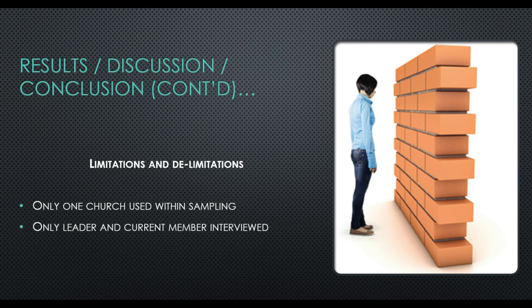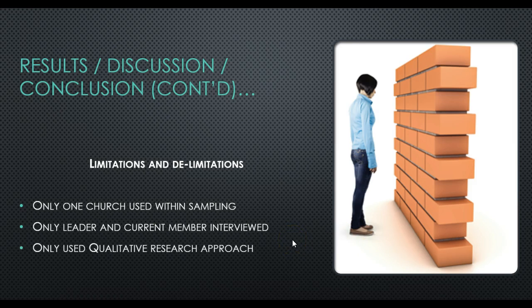The second thing is that only the leader and the current member were interviewed, as I stated before. It would have been helpful to have an interview where a prospective church member that is going through the process is interviewed to find out their level of anxiety or uncertainty as well, and what they were going through. But that would have been extremely, extremely helpful.